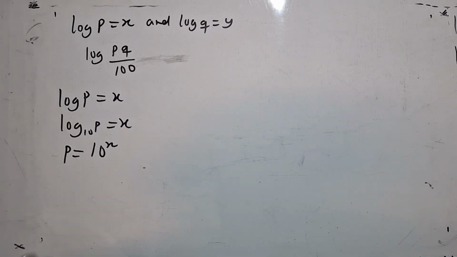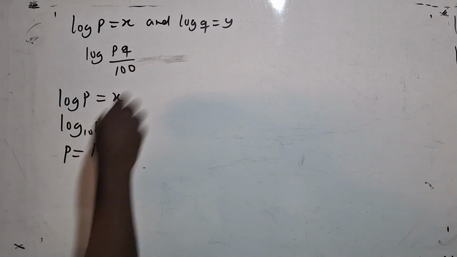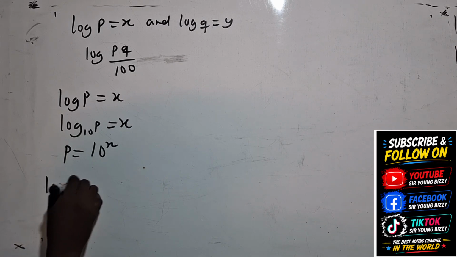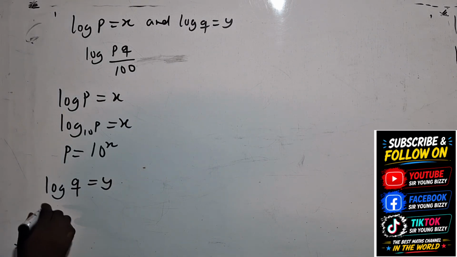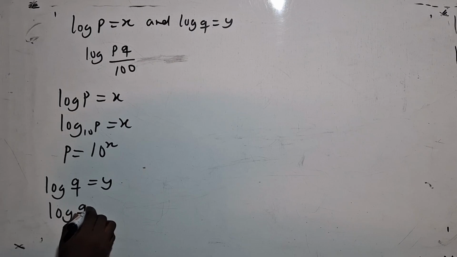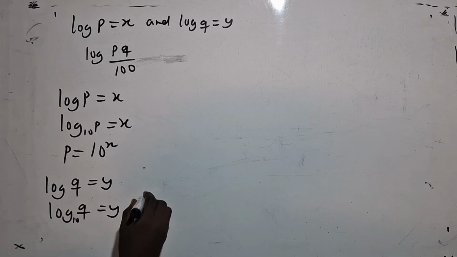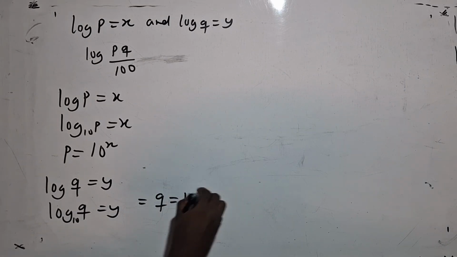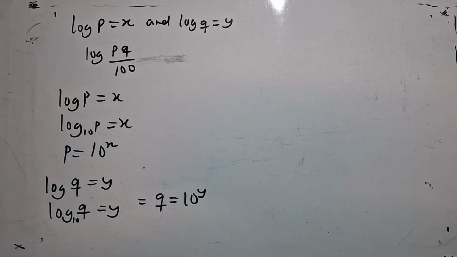Now let me come to log q. So log q, which is also y, will give me log to the base 10 of q is equal to y. Yes, which will give me q is equal to 10 raised to the power y.